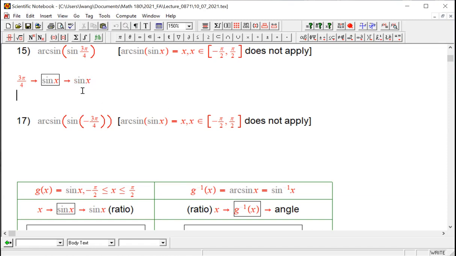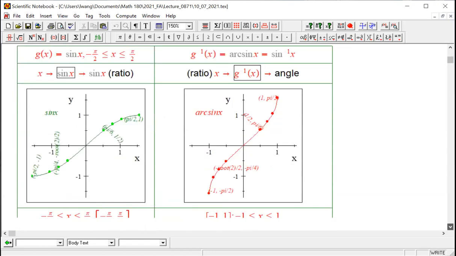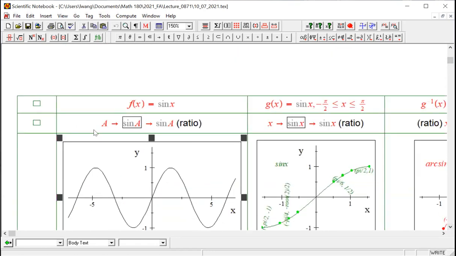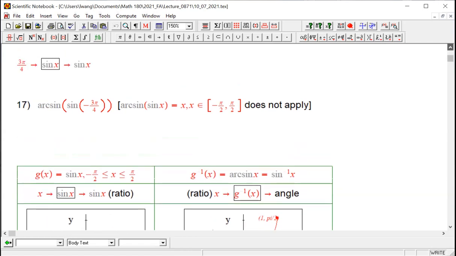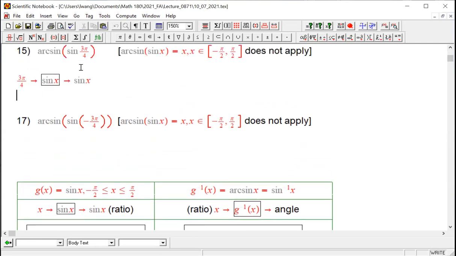And this ratio, as we know of this function, which I just copied, the range of this function, sine, let me just write it down here. We know the sine is always between +1 and -1.